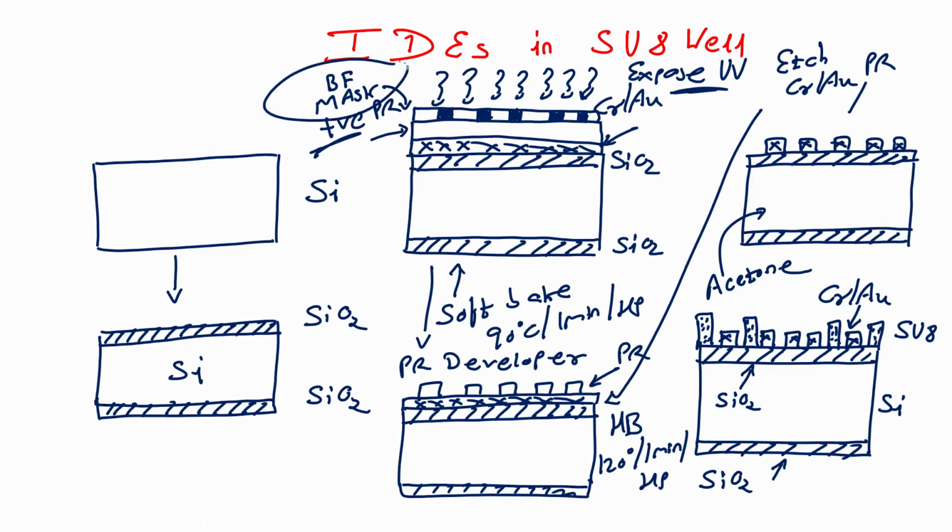So, this is our mask 1, right. But what we want is the interdigital electrodes to be in SU8. So, let us see how we can do that.